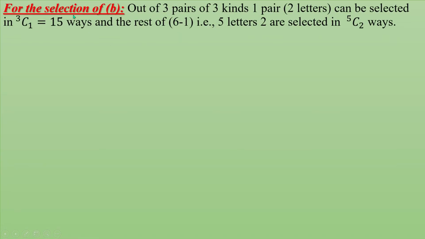B: for the selection of B, that means out of 3 pairs of 3 kinds, 1 pair, that means 2 letters, can be selected in 3C1. Because there are 2 R's, 2 O's and 2 S's, as we have to take 1 pair of the same kind, so 1 pair can be selected in 3C1.